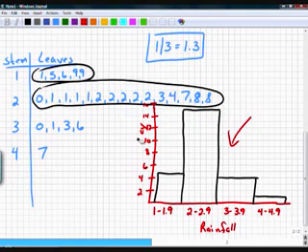And instead of putting frequency, if it is the number of days or months or whatever, you could label it as that instead of frequency if you like.